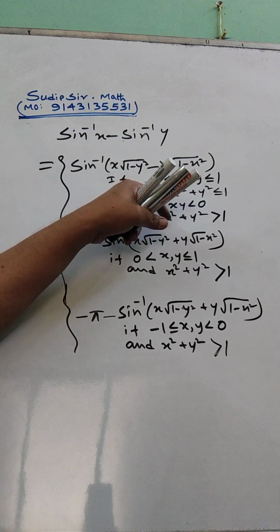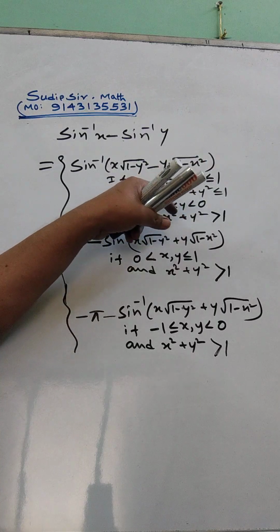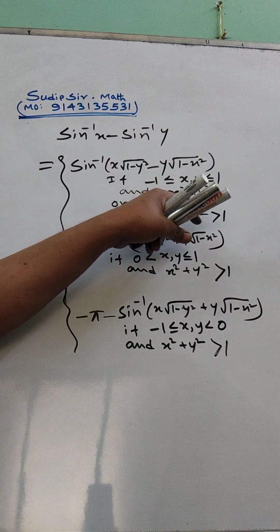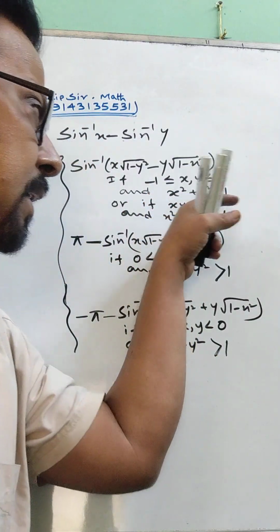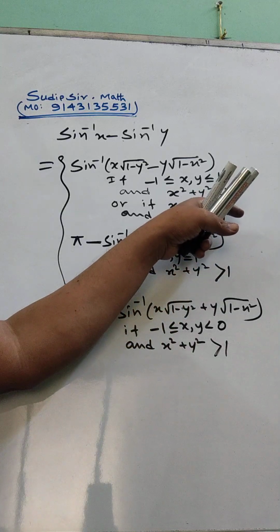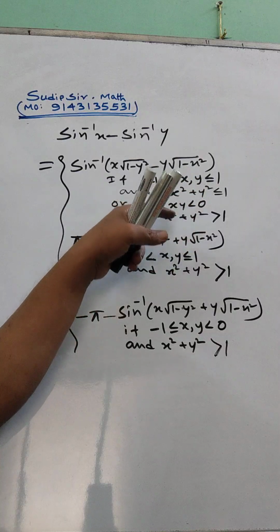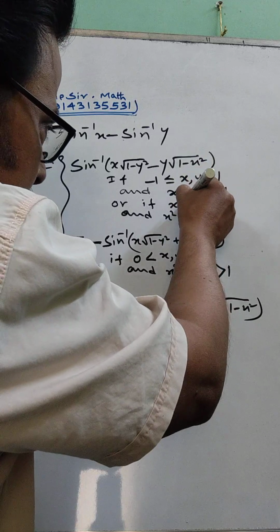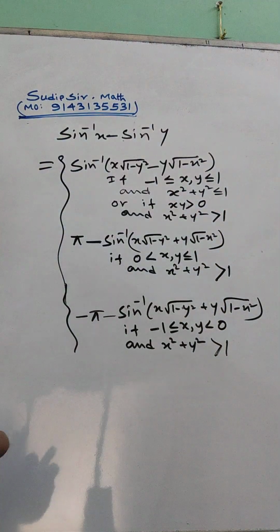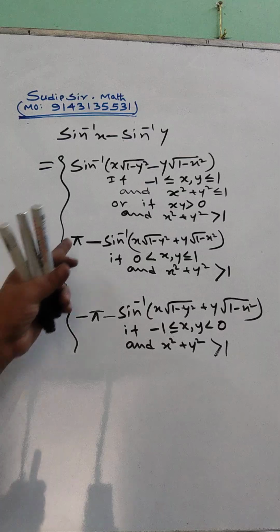If x, y lie between −1 and 1, then x² + y² < 1, it will be true. And another thing, if xy > 0 and x² + y² > 1, then it is true.